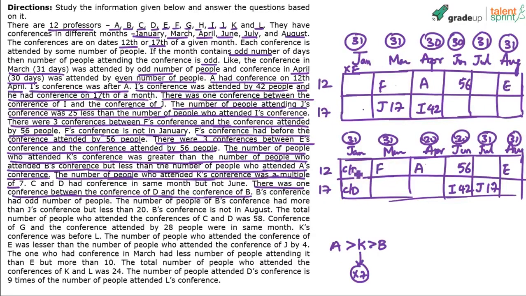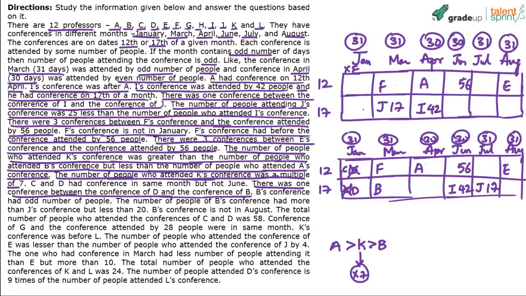No, this is already blocked by F, which means D cannot come in 12th Jan. D has to come in 17th Jan. So C will come 12th Jan, D will come 17th Jan. If I take D here, D dash B, B comes here, and that will clash with F. So that's not allowed.